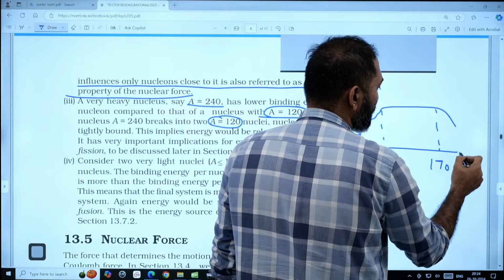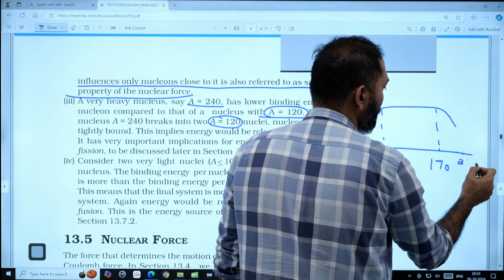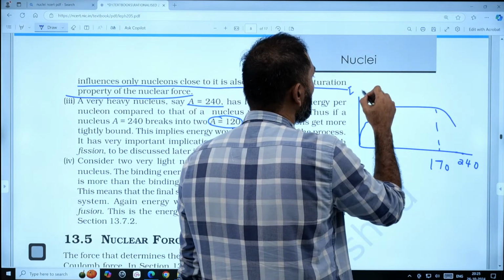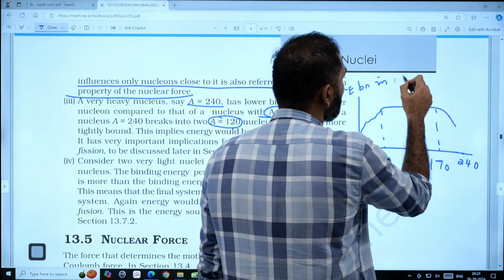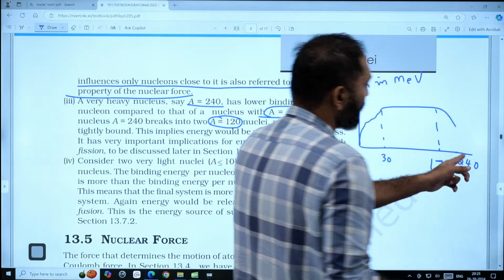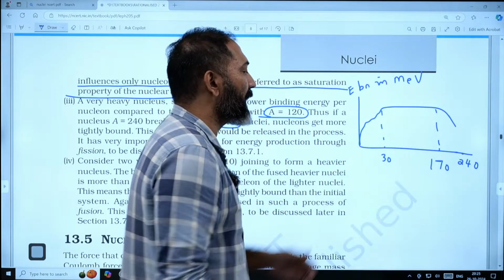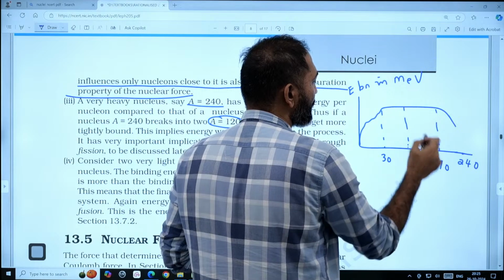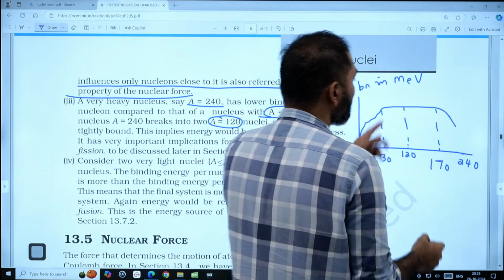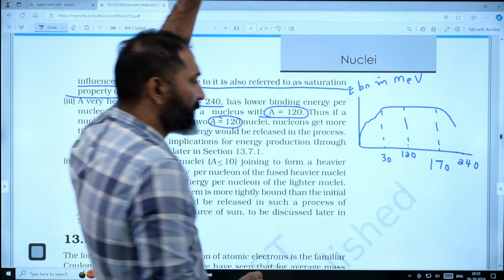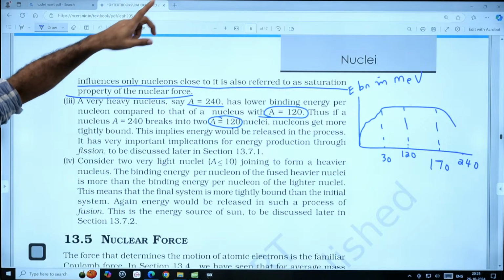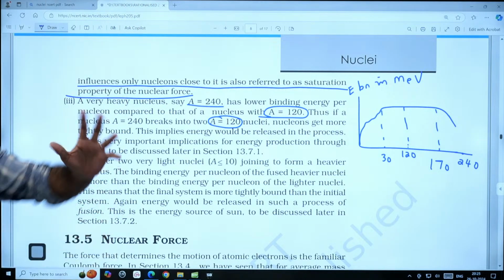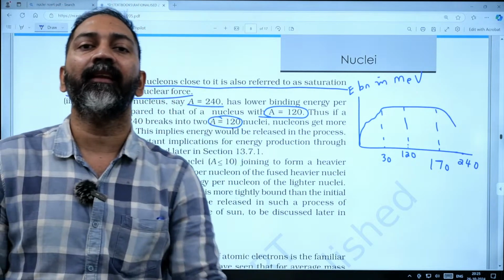Suppose this is mass number 240, its binding energy per nucleon in MeV is what? Lesser. So this nucleus splits into two lighter nuclei. So its mass number comes between what? Between 30 and 170. So what happens to its binding energy per nucleon? Increases. What happens with stability? It also increases. This process is called nuclear fission.